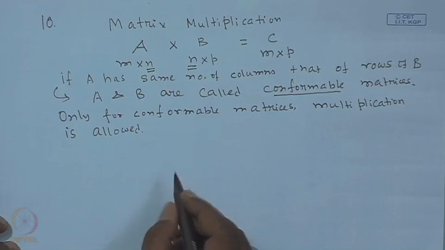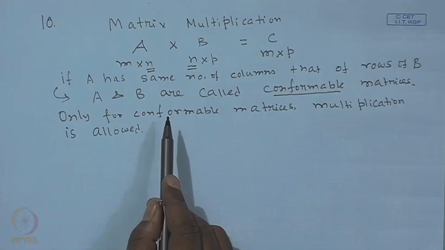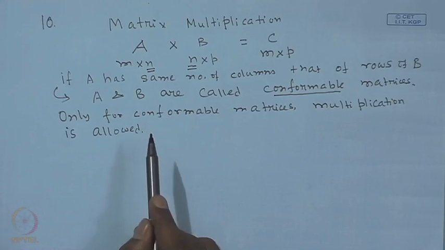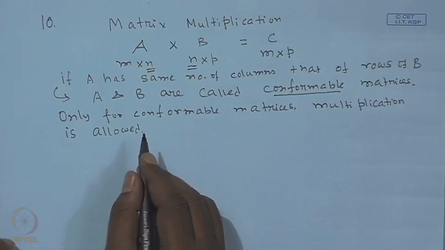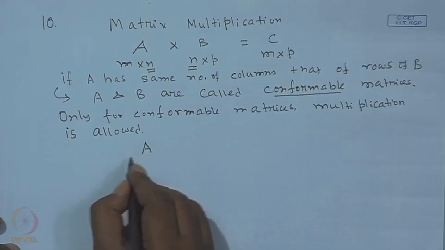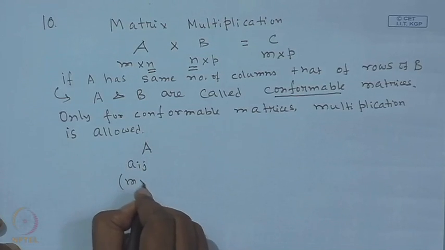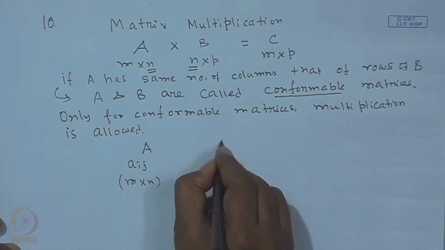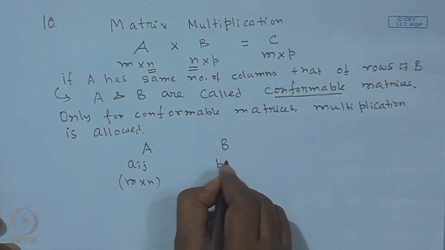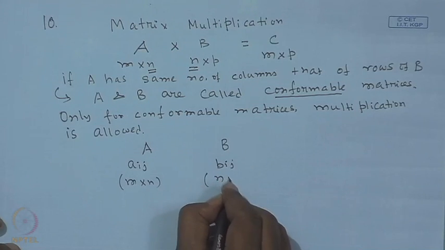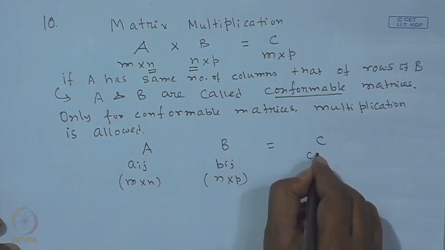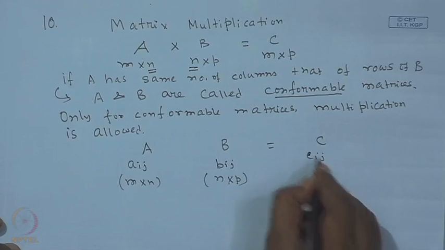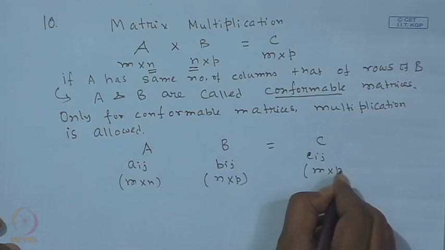So, if the number of columns of one matrix is equal to the number of rows of the other matrix, then these two matrices are multiplicable. So, A which has elements A i j with the size m into n, B which has elements B i j with size n into p, should be equal to C, which will have elements C i j and size m into p.